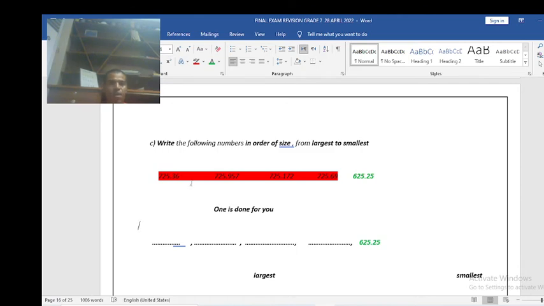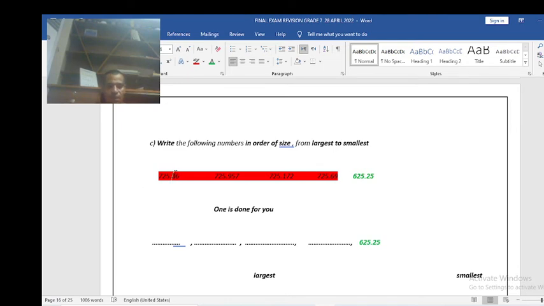Now let's see what we can do. So here 725. For the whole number, we cannot compare. Move to the digit in the first column after the decimal point, the tenths column.